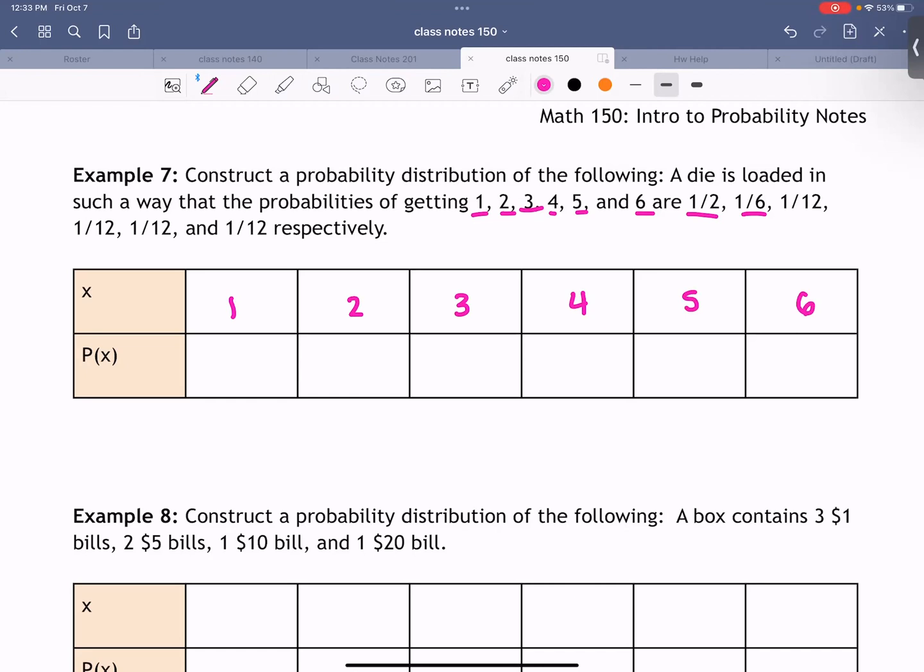And then on the bottom, we'll put the probability of each of these outcomes. So we'll have a half, a 1/6, and a bunch of 1/12. Now, if you really want more practice checking to see if things are a probability distribution, you can check the 2 rules. It does pass. But let's go on. I think that one was pretty self-explanatory.